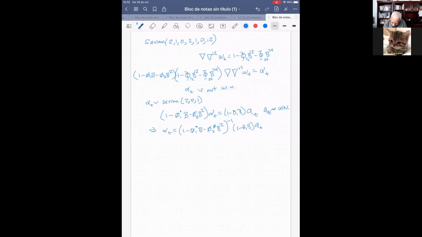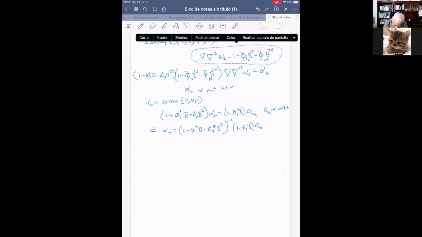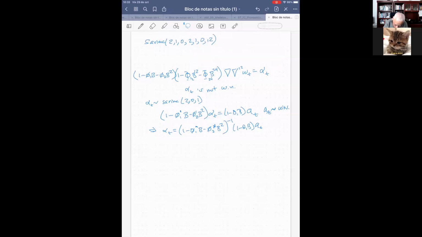So what I have now is my original model, which I had equal to alpha t. I've replaced this thing there, okay? So I'm going to take this whole thing. Let me first clean this a little bit, cut it, and select this.